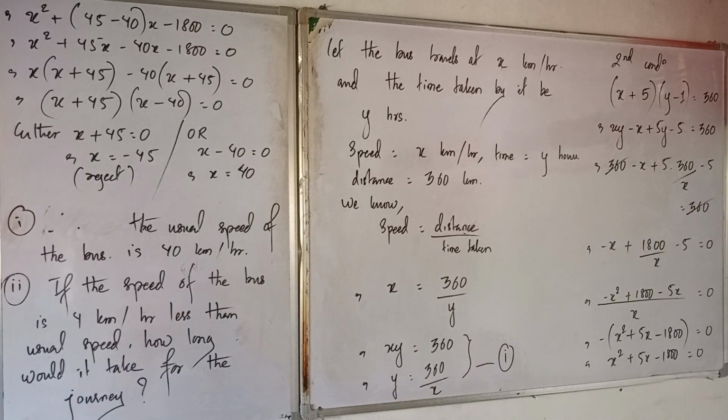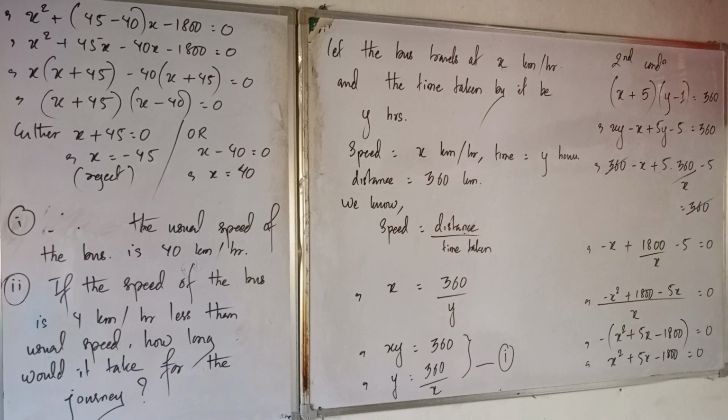So for the second case, if the speed of the bus is 4 km per hour less, the actual speed was 40 km per hour, but if this 40 km per hour is decreased by 4 km per hour, it will become 36 km per hour. So how long would it take for the journey?